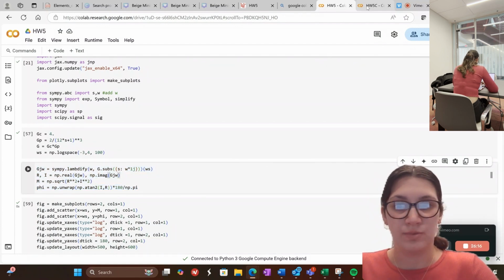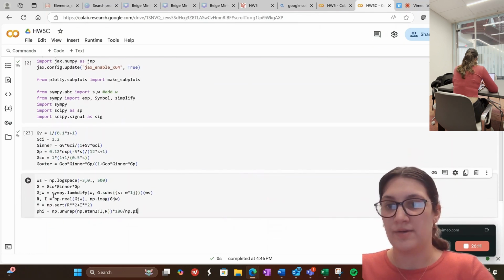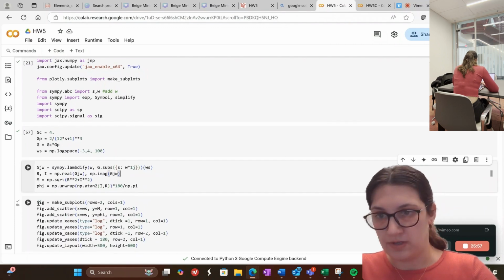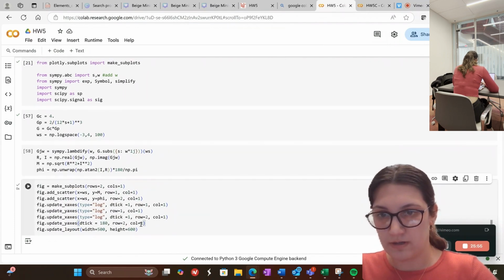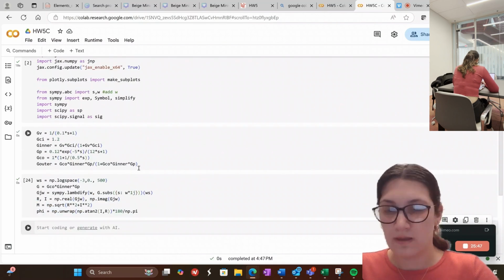This was just doing our substitution, identifying our real and imaginary parts, using those to solve for m, as well as phi, which is our angle. And then I'm going to steal our plotting as well.